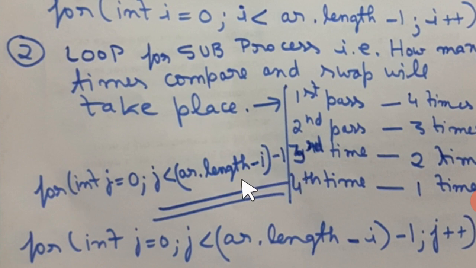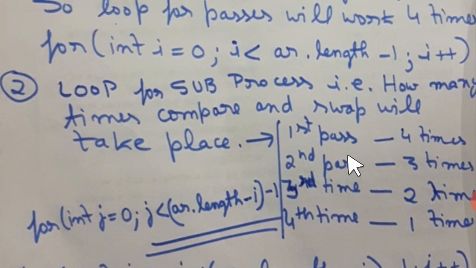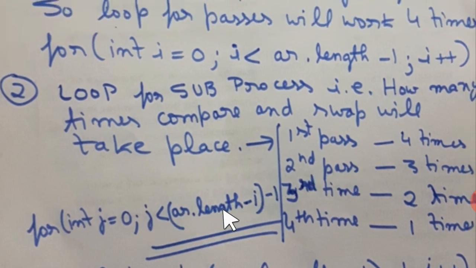How does it work? Take the first pass. When this is executed the first time, ar dot length is fixed at 5 in our example, so 5 minus i. When the compare and swap loop is performed the first time, the value of i will be 0. So 5 minus 0, no effect, so that is only 5.